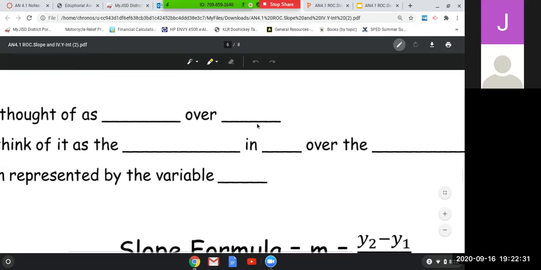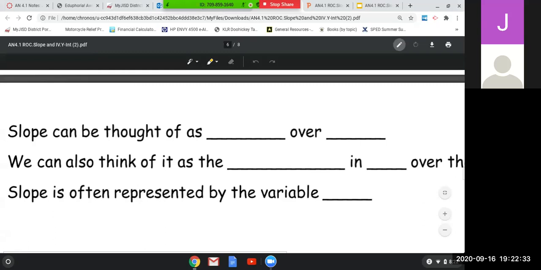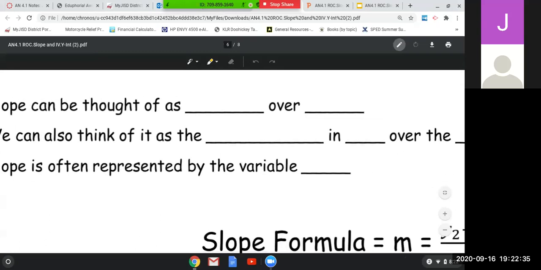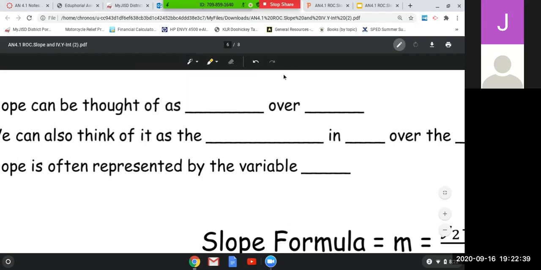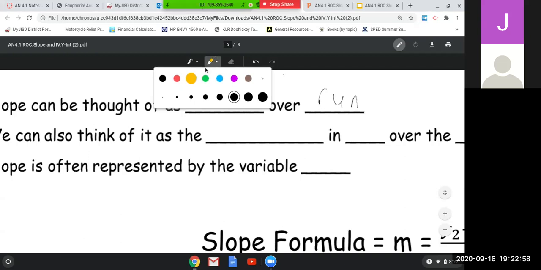Because Murphy. All right, slope can be thought of as rise. So write the word rise over run. Okay? And just so we have more to look at here, let's see, make some color here.